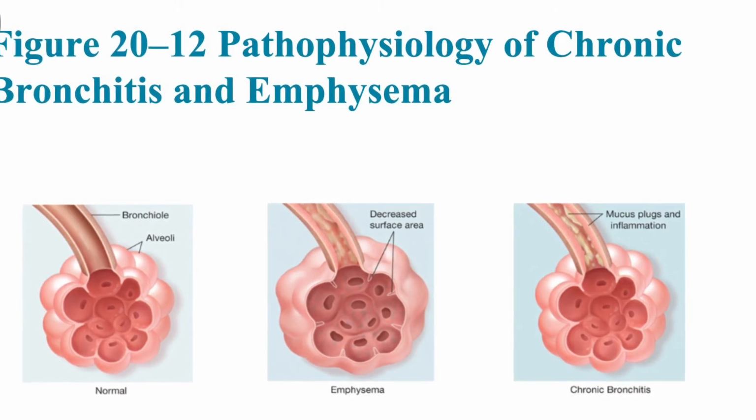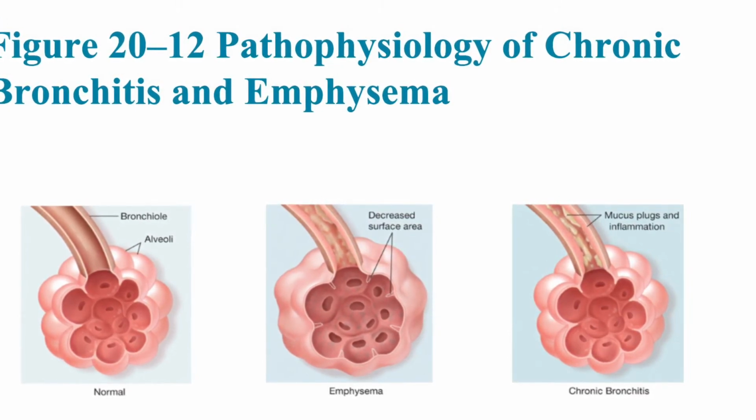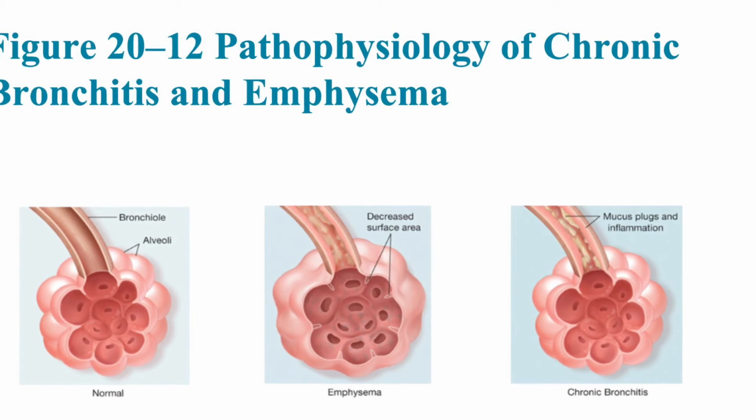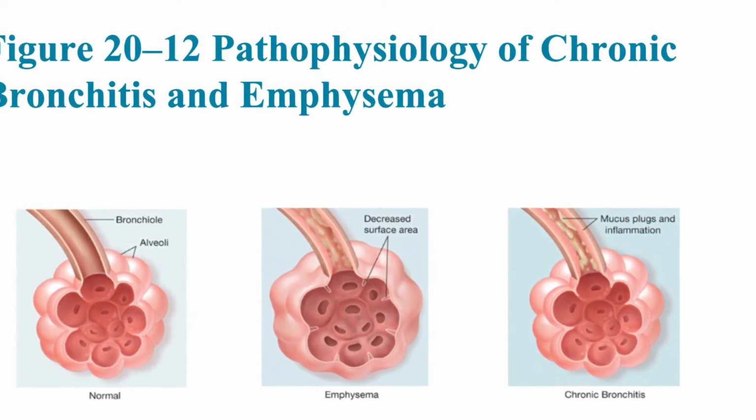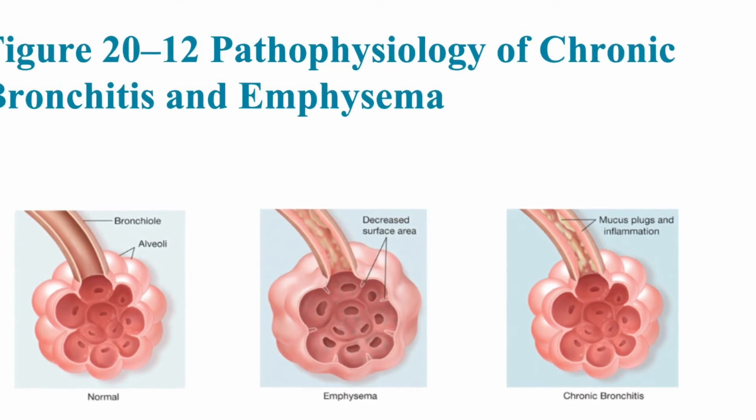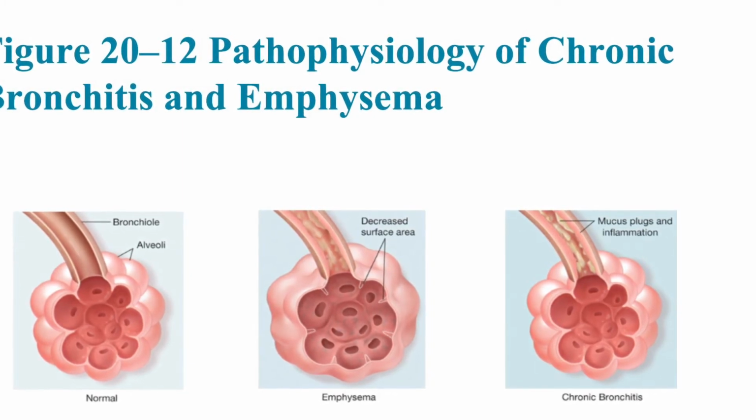Long-term damage by either tobacco or inhaled agents causes alveolar destruction, alveolar coalescence, and destruction of the elastin fibers surrounding the alveoli.